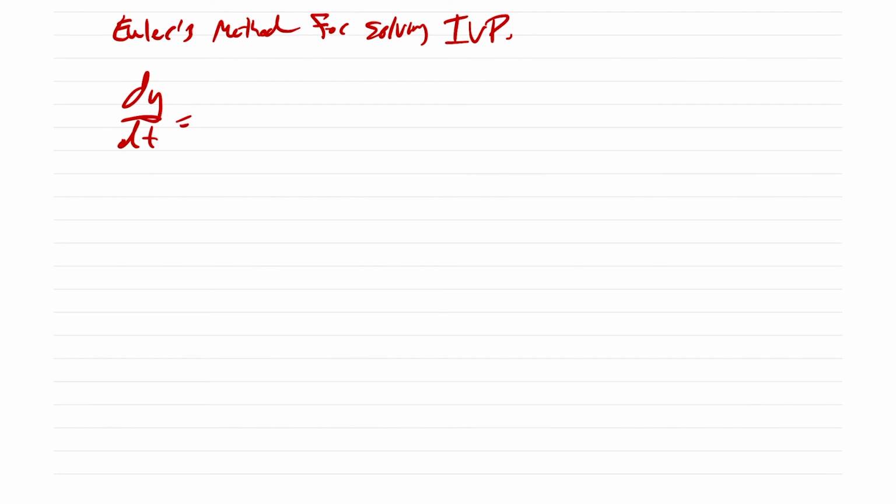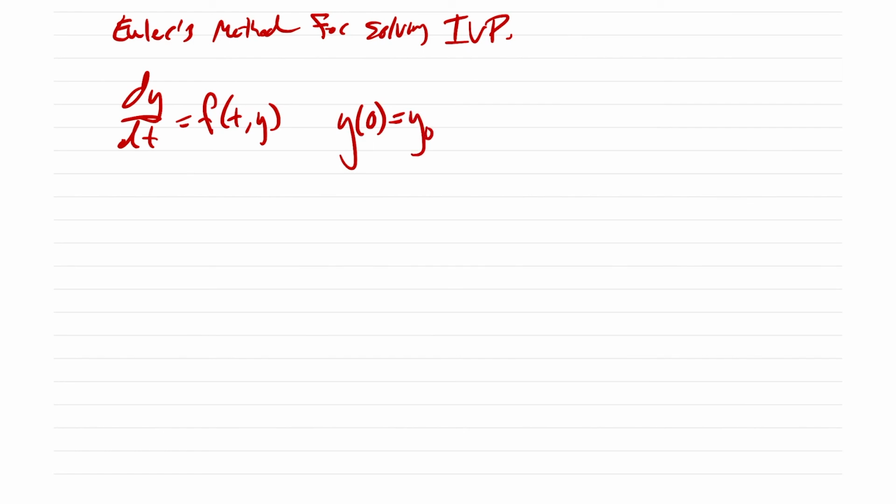And so here we're going to try Euler's method for solving initial value problems. So in general, we're going to have, say, dy/dt equal to f of t comma y, and we're going to have y of 0 equal to y naught.